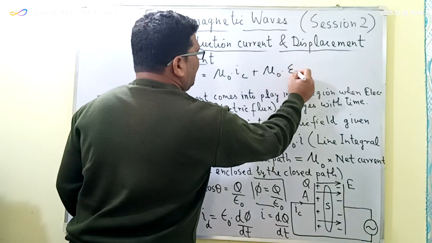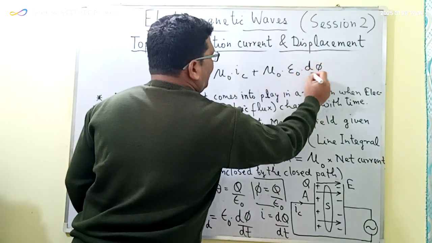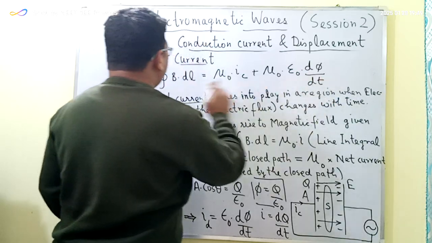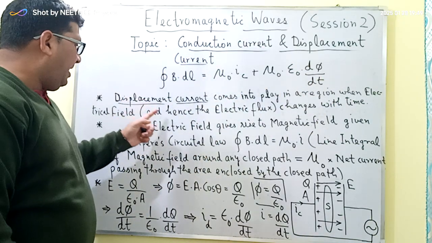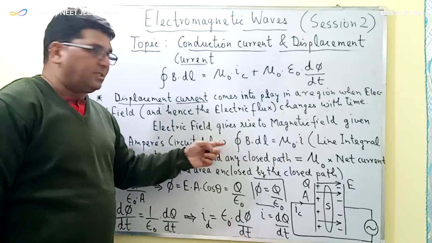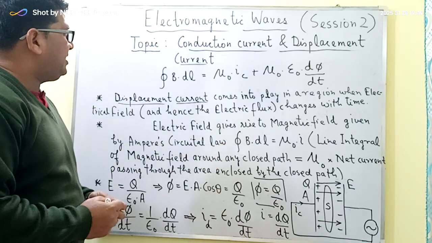So this will be equal to mu naught IC plus mu naught epsilon naught d phi upon dt. This formula is called the Ampere-Maxwell equation.